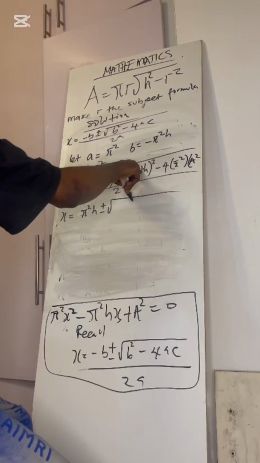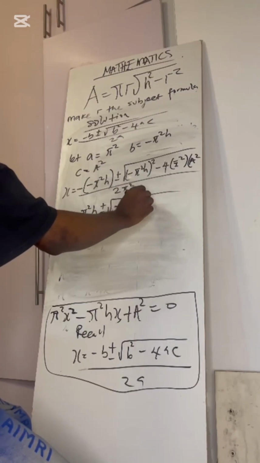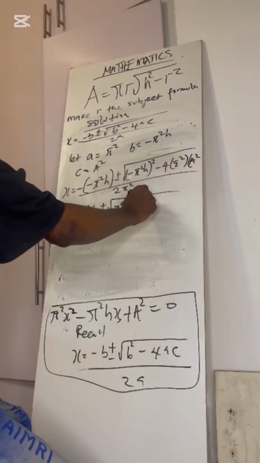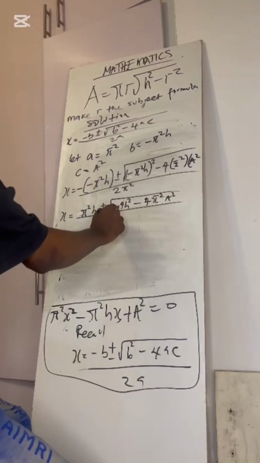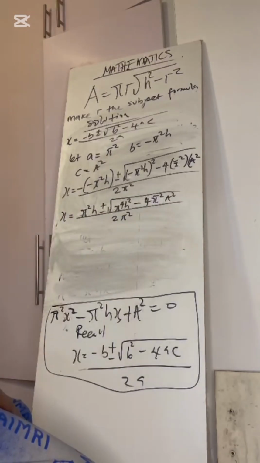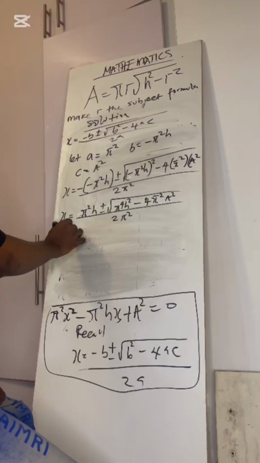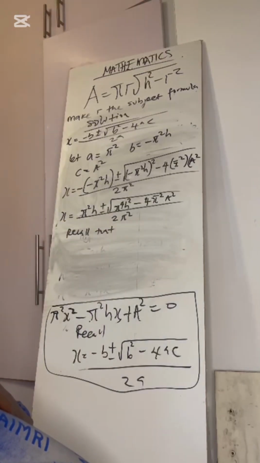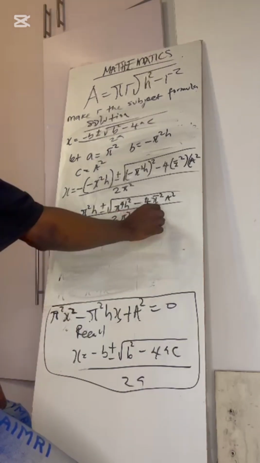The square will affect this pi square. We are going to have pi raised to power 4 h square minus 4 pi square a square, all over 2 pi square. So now, this is what I'm having. Recall that your x was equal to r square.